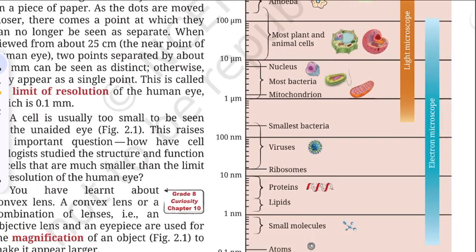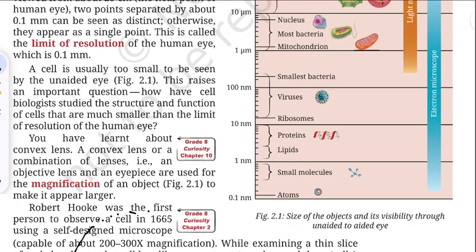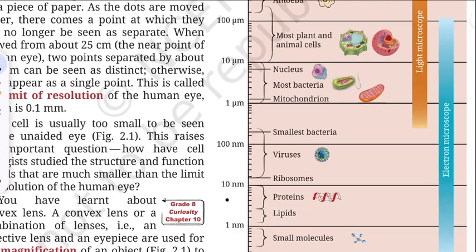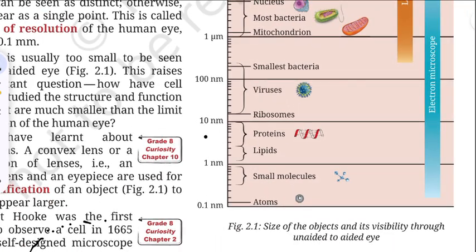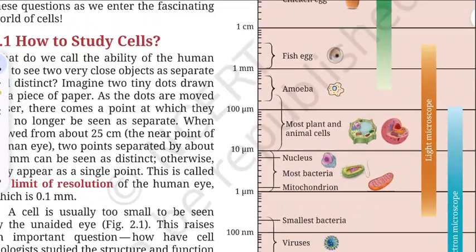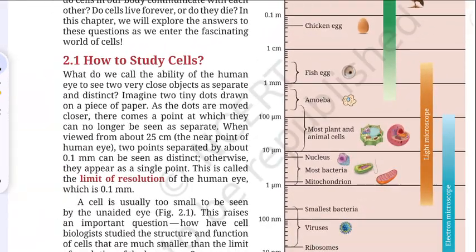Here a conversion is given from which you can get to know about the size of the cells. First is small molecules, then atom. Nm represents nanometer. Here the sizes are given like protein, lipids, small molecule, atom. How big are they?